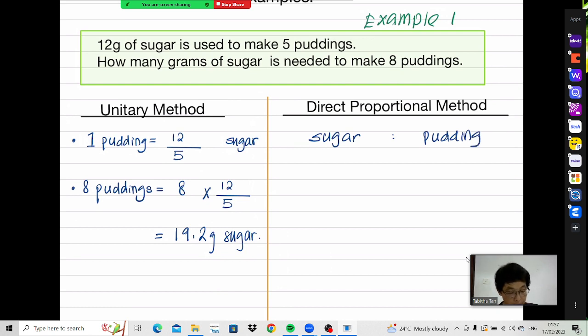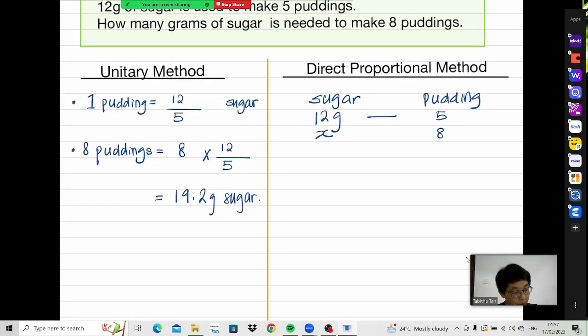Take from the question 12 grams; if you do not want to put the colon sign because it puts mathematical pressure on you, you don't have to. Just relate them simply: 12 grams of sugar will make 5 puddings. Now you want to make 8 puddings, so how much sugar? Just put an X, an unknown, any symbol you like.